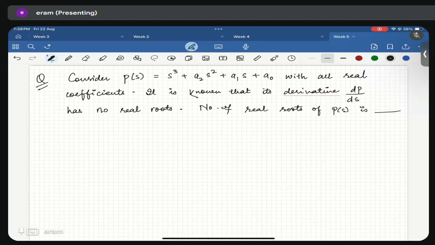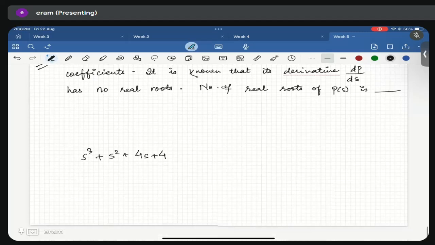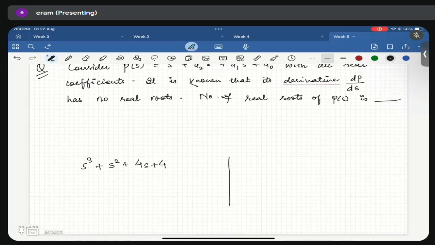Ma'am, let me give an example to clear this situation. If we have the equation s cube plus s square plus 4s plus 4, here there will be a zero entry row in the third row.